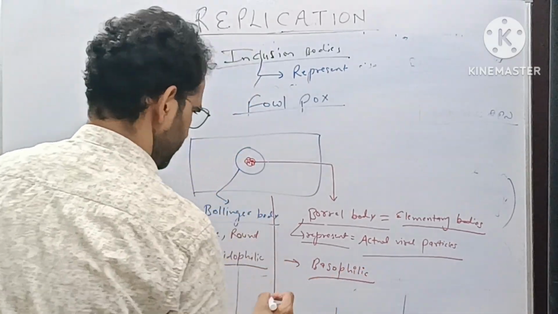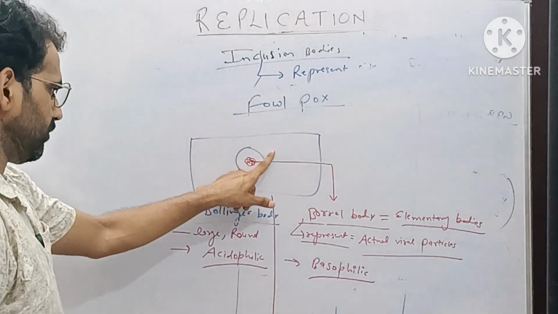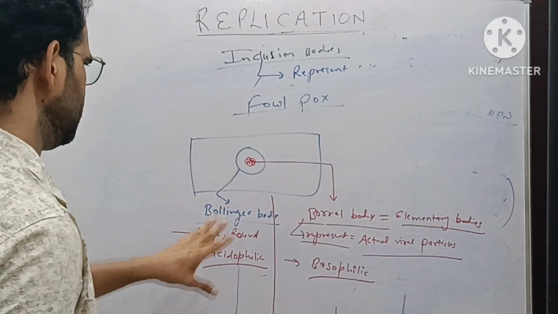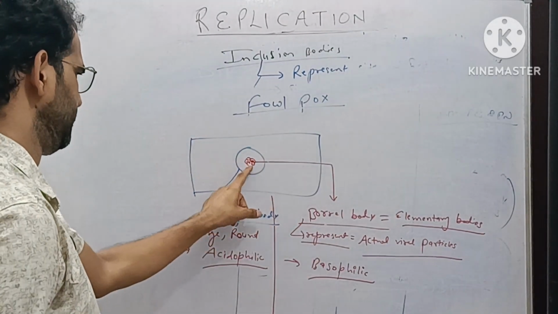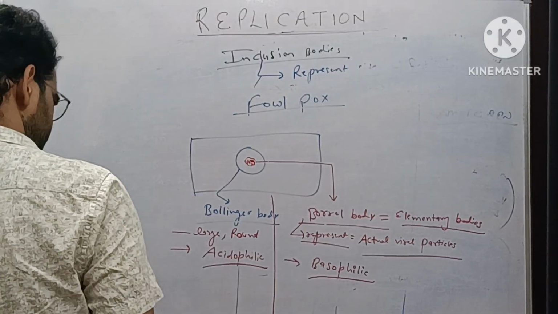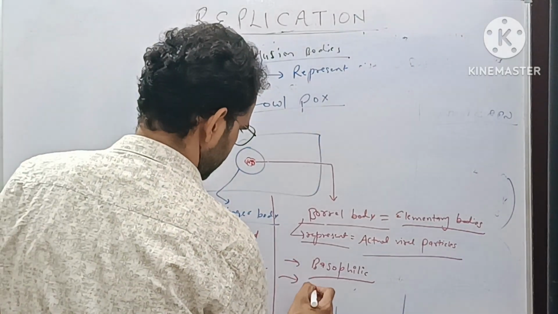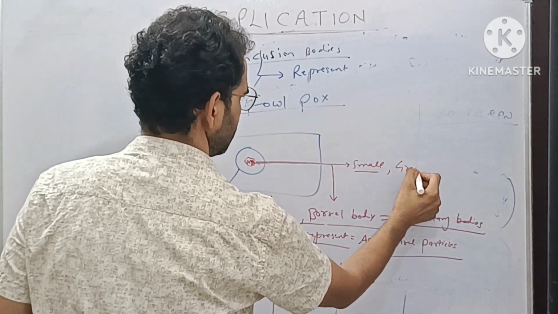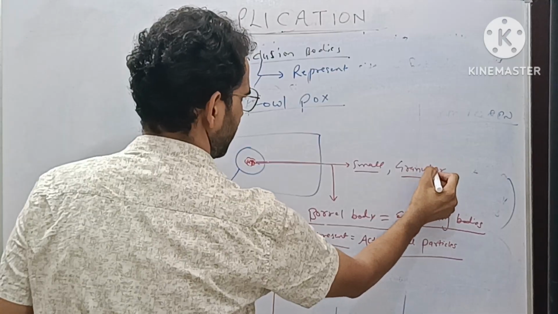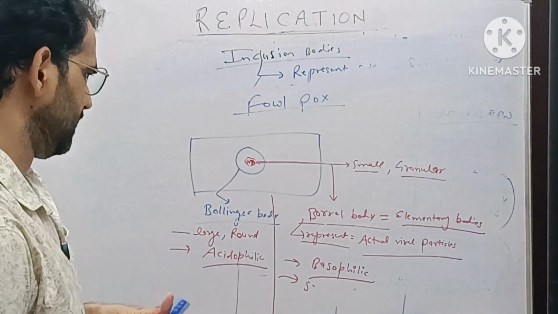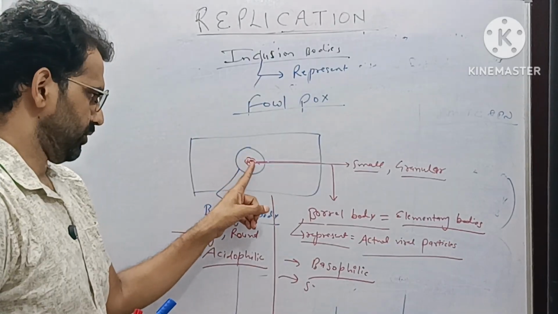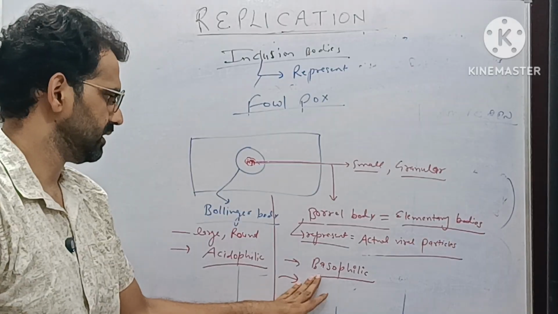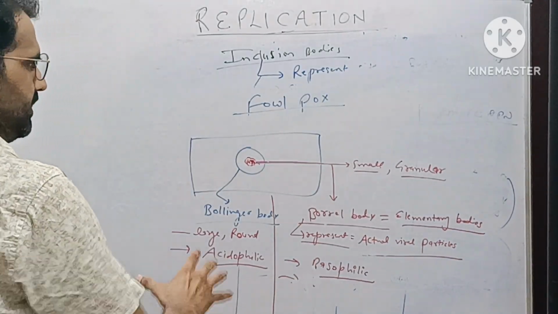So the main Bollinger body is acidophilic and Borrel is basophilic. Borrel bodies are small and granular. So that is present in fowlpox.